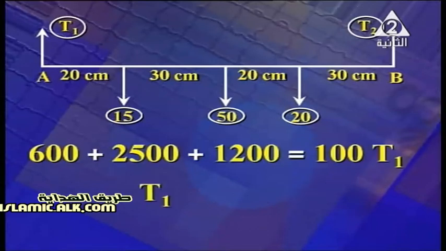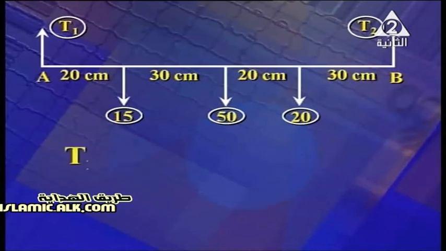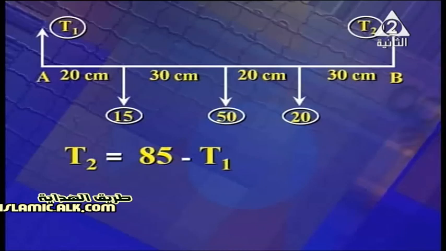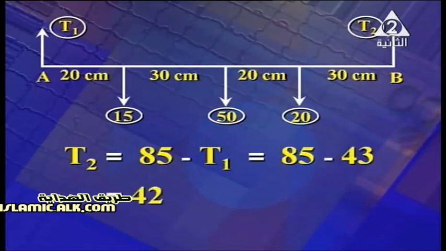T1 equals 43 Newton. Substituting for T1, therefore T2 equals 85 minus T1. Therefore, T2 equals 85 minus 43 equals 42 Newton.